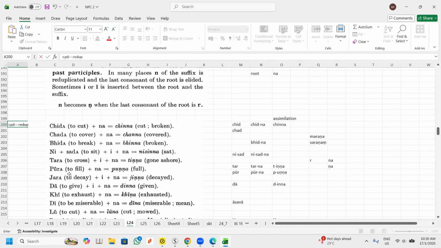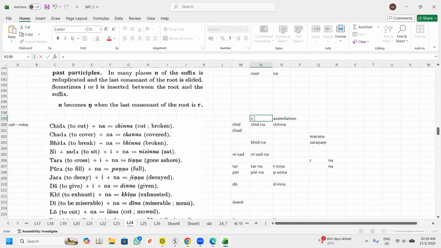So in this particular case, you see that this one is also ending with D. This is also ending with D. This is also ending with D. So this one ending with D, technically it's supposed to be duplicate. If it duplicates like this one, dn becomes nn.